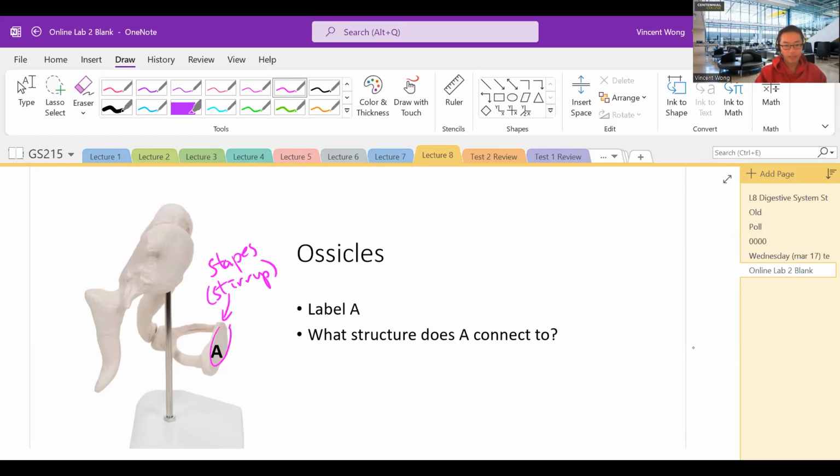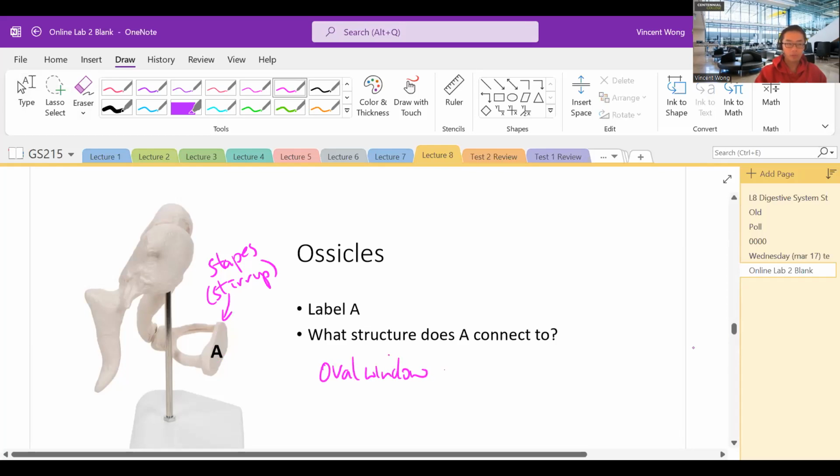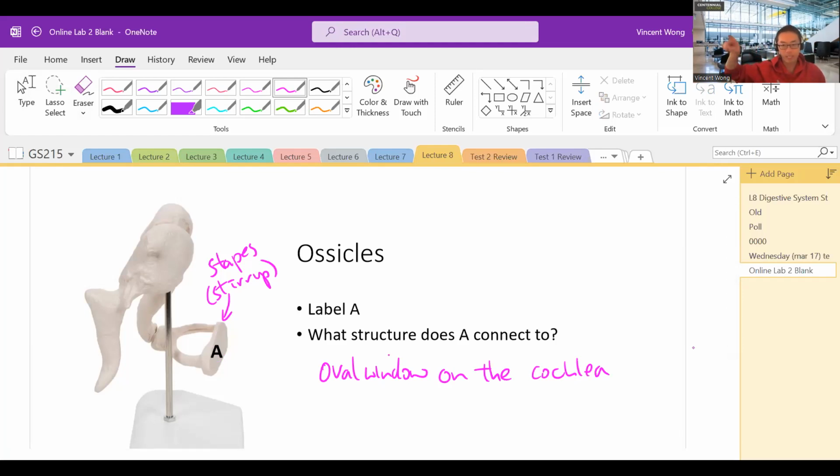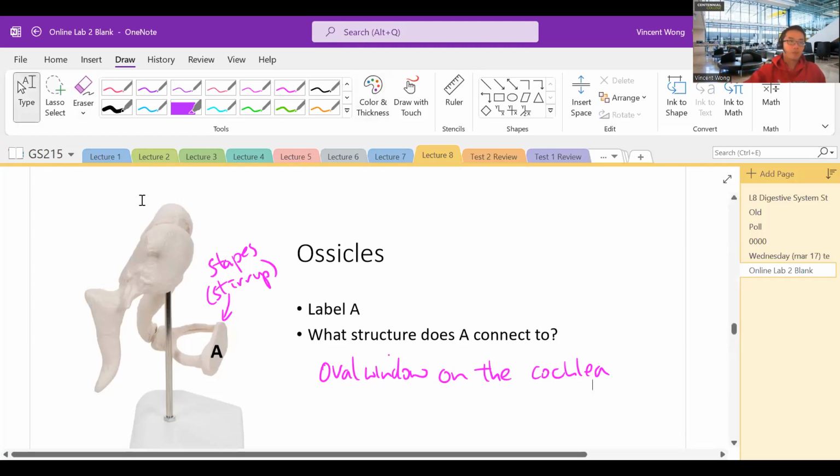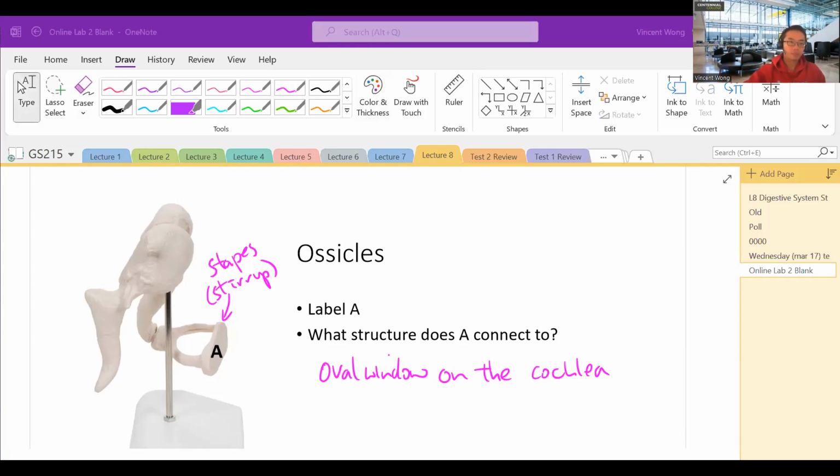So A, this surface, is going to bind to the oval window on the cochlea. Okay, it's pressed on the oval window, so you can create a sound wave that travels inside the fluid.